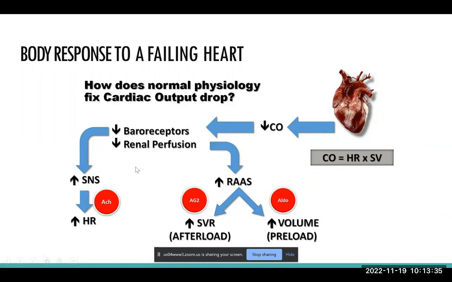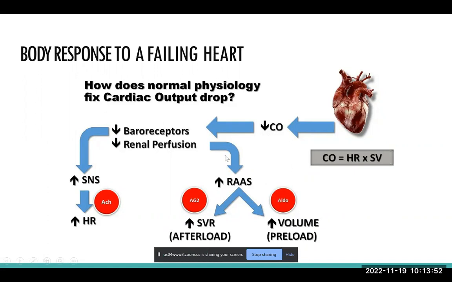This will increase sinus node activity, and through acetylcholine, this will increase the heart rate. So heart rate is one of the end results of decreased cardiac output.